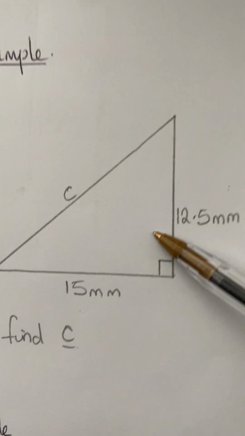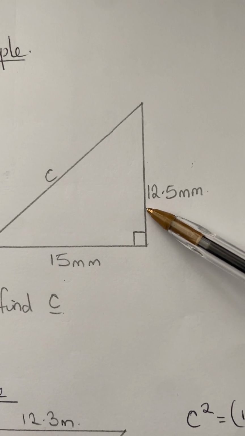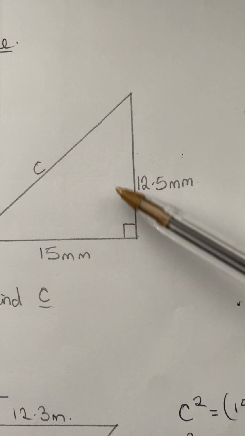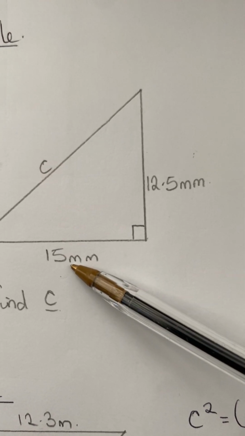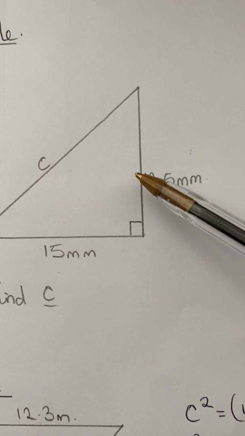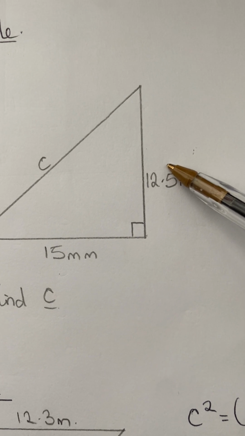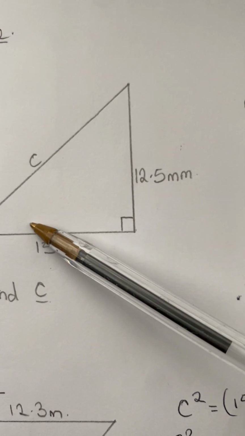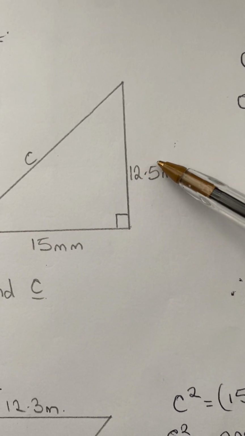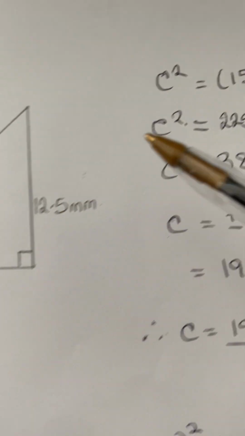You should be thinking about Pythagoras Theorem, which is c squared equals a squared plus b squared. So c squared will be 15 squared plus 12.5 squared.